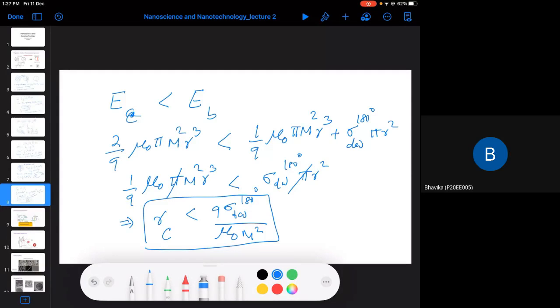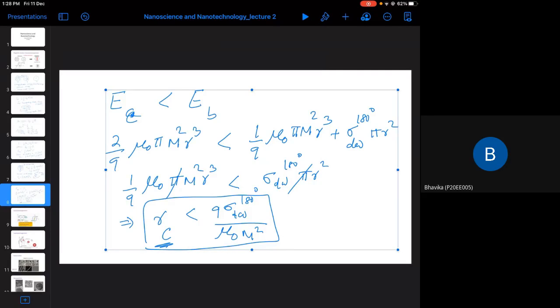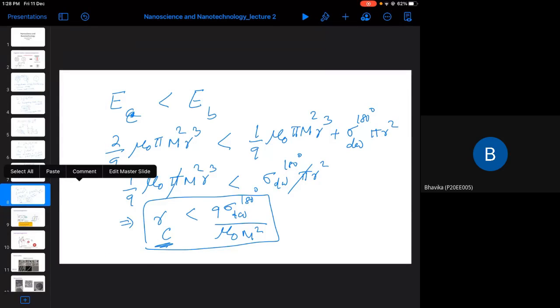Of course, it depends on the material. For different materials, this critical radius can be different. It can be a few nanometers, and it can go even to a few hundred nanometers. So it is not a fixed number like 20 nanometers or 30 nanometers, below which all ferromagnetic particles will be in a single domain state. It very much depends on the material.